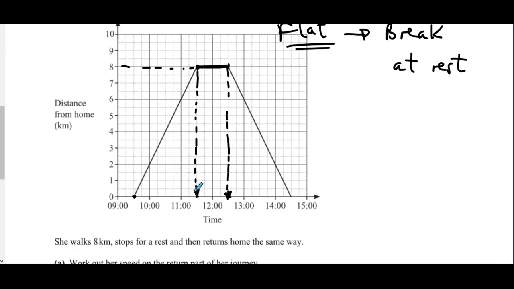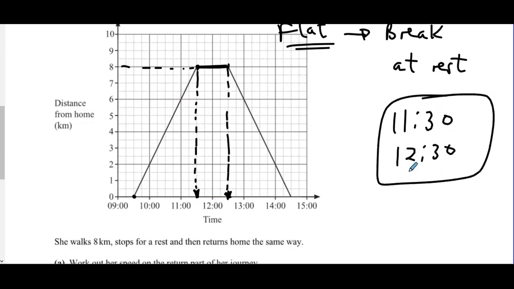So how long? This is 11, that is 11:30. The break starts at 11:30 and then ended at 12:30. So you can see that Angelique was resting for 1 hour. Because you do 12:30 minus 11:30, you'll be getting a 1 hour break.